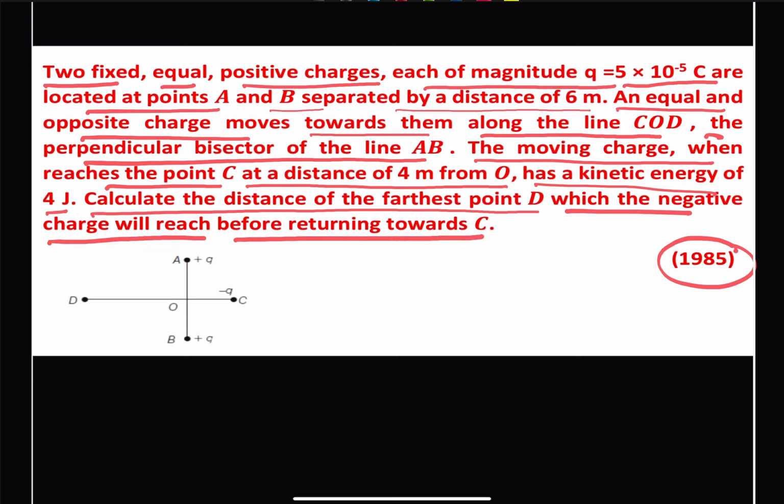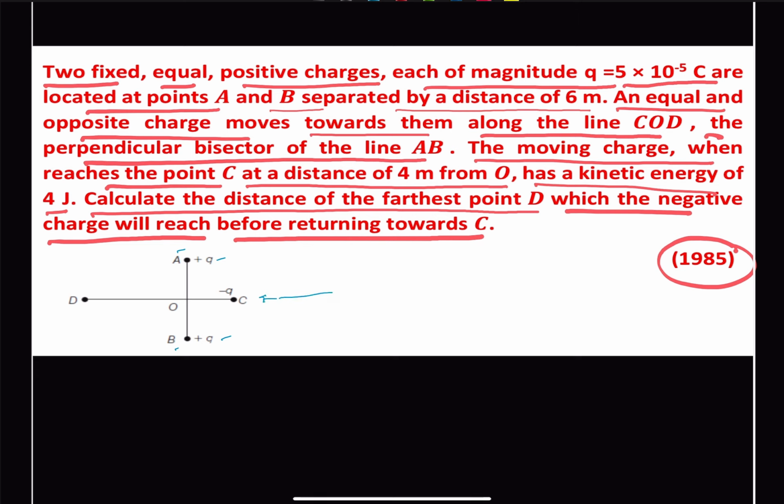So we are given the basic figure, plus Q charge at A and B, and this C is having a charge of minus Q, and it is coming from some distance.